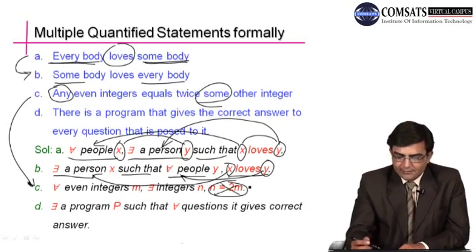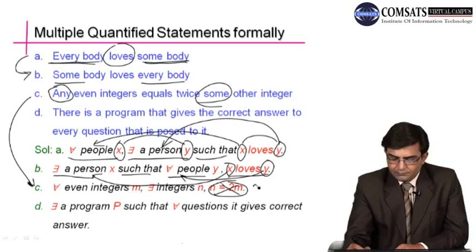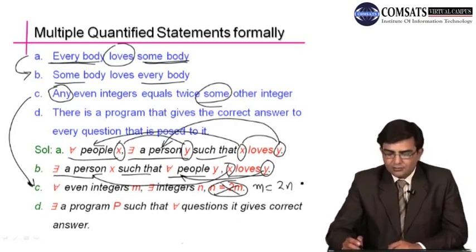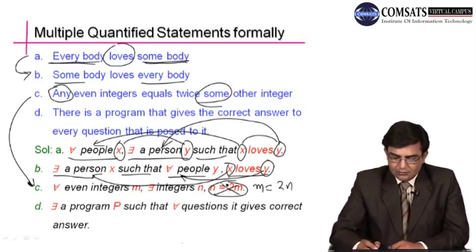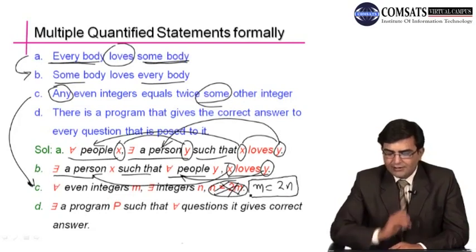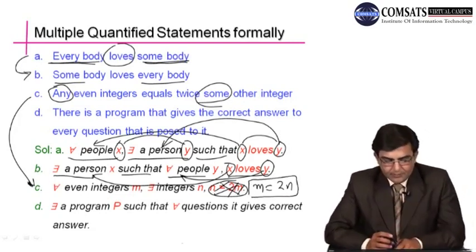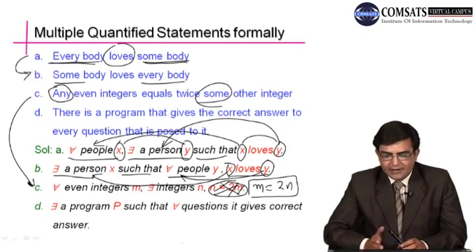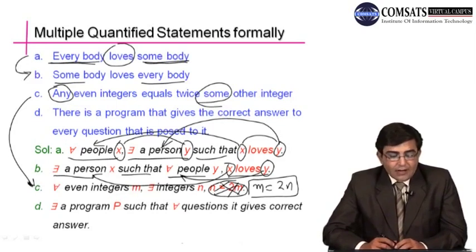It should be like this: m is equal to 2n, where n belongs to Z. So don't go by this; the correct statement is m is equal to 2n. For all even integers m, there is some integer n such that m can be written as twice some integer n. So this is how we can translate the informal statement C into a formal statement.